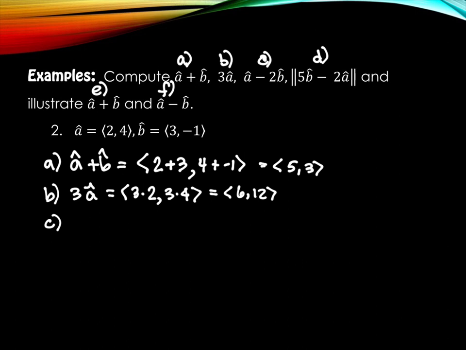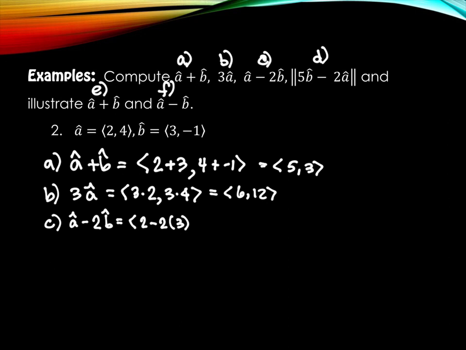C. So C says that we're supposed to do A hat minus 2B hat. Okay, so what's this telling you you're going to do? The x of a minus 2 times the x of b, as well as the y of a minus 2 times the y of b.